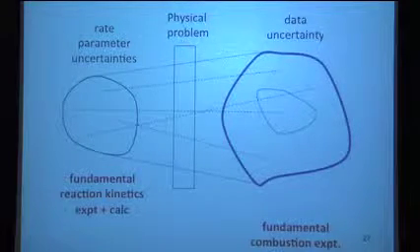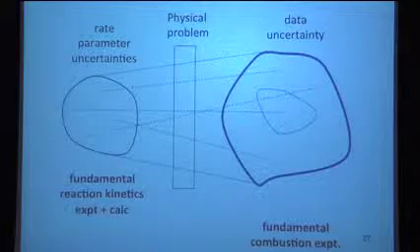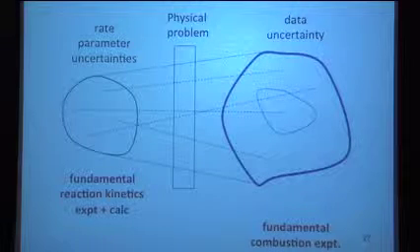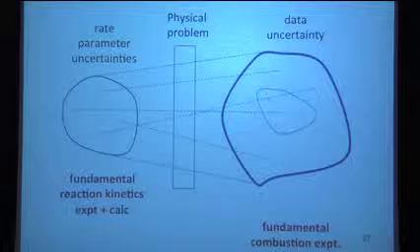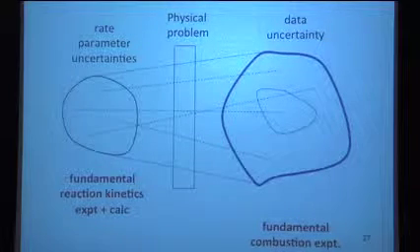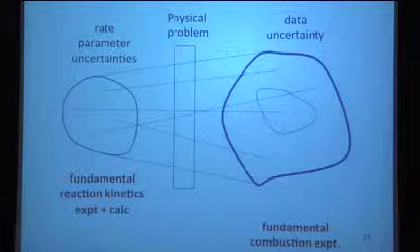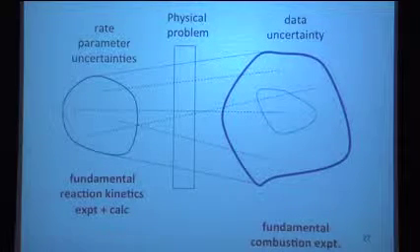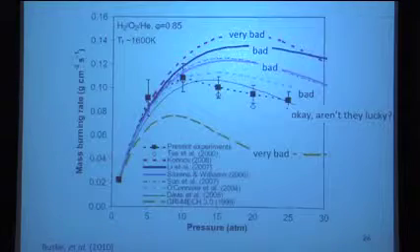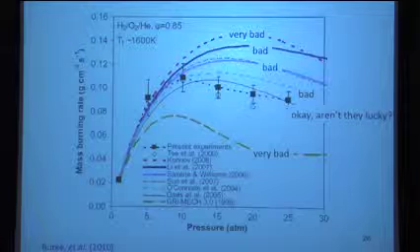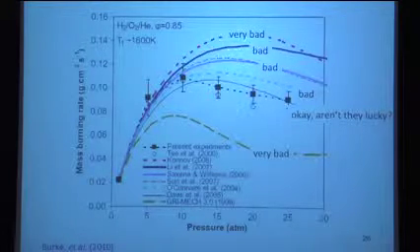So if you define a reaction model at this point, remember, we all agree on the pathways. We just sometimes disagree on individual rate constants. If I view this disagreement as a statistical sample for the uncertainty of each and every parameter, then those models I presented here, each one of them is a random sample of the statistical uncertainty in the rate parameter.